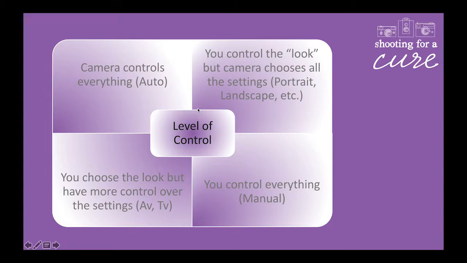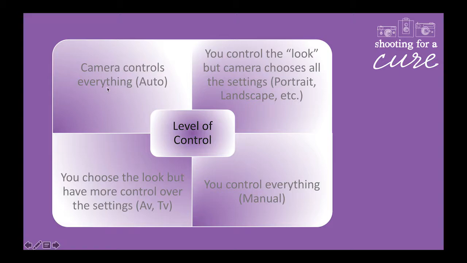Okay, so we're going to do a quick overview of last week. If you look at your camera's dial and you break it into 4 quadrants, you've basically got different levels of control. The green button is auto. Think of auto as your iPhone, okay? The camera controls everything.